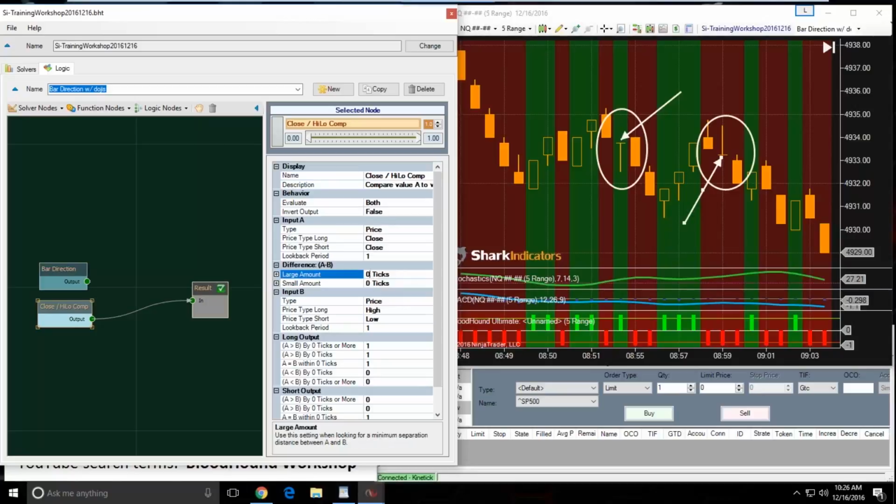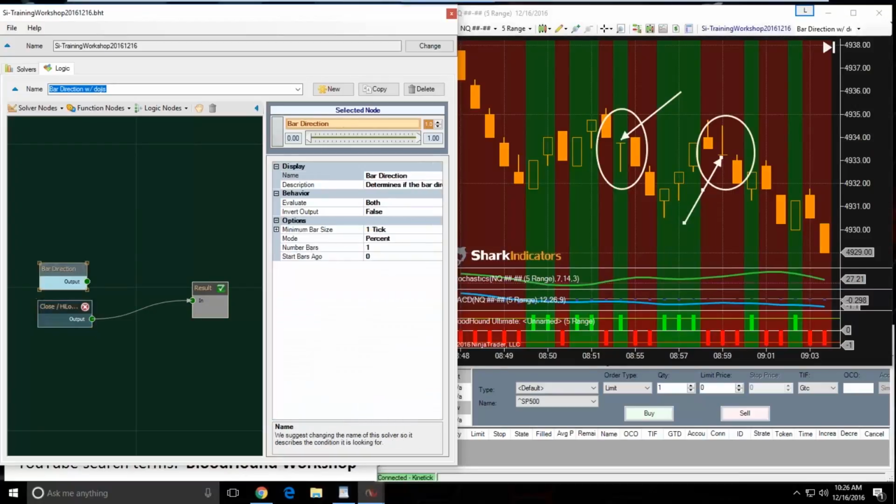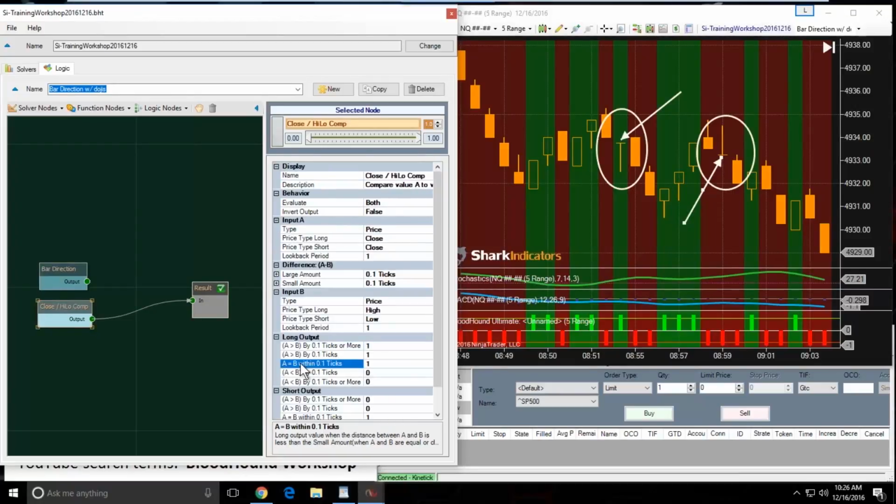So when you're setting up price comparisons like this, as a safety factor, it might be a good idea to put in a tenth of a tick here. Now let me click off here to update the label. You can see the label says A equals B within a tenth of a tick.